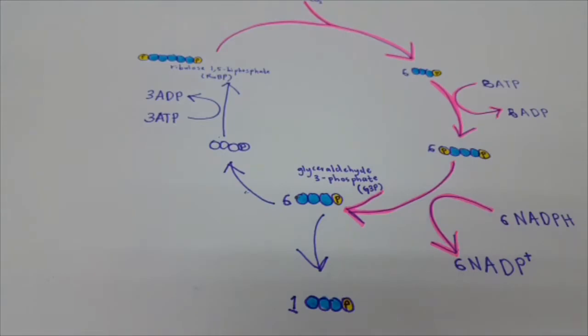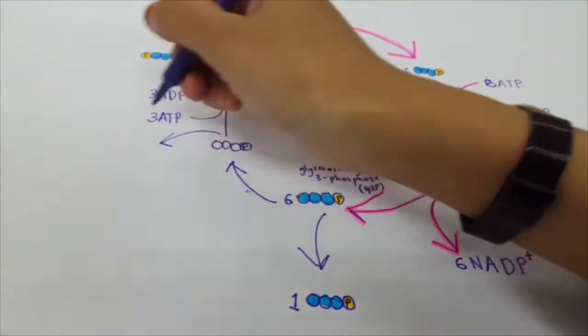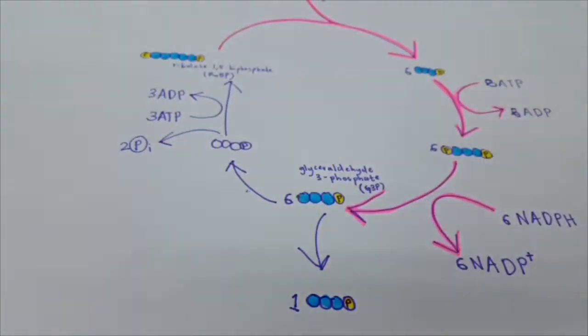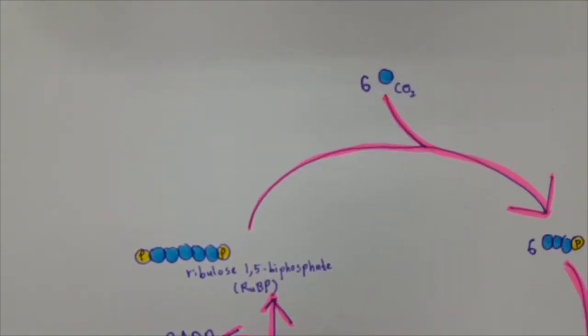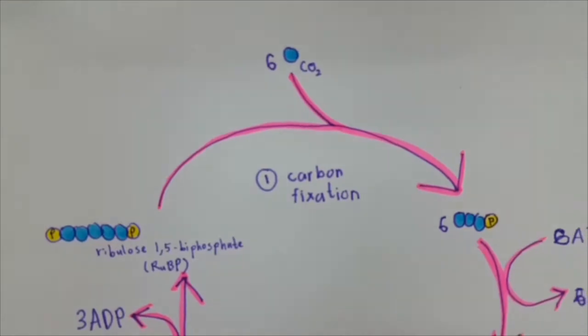In this reaction, 3 ATP molecules are used, so 3 ADP molecules are produced and 2 phosphate molecules are produced.